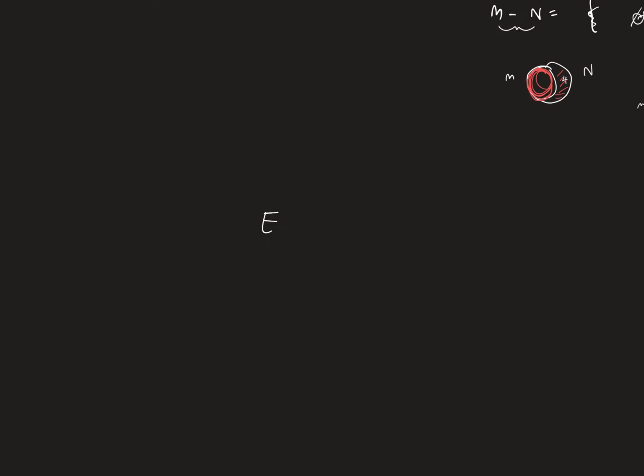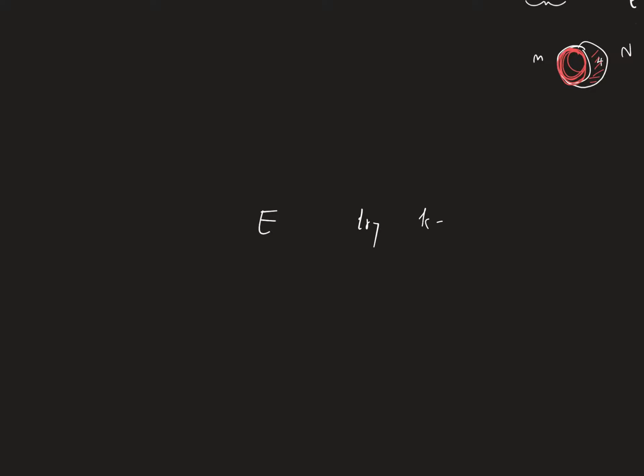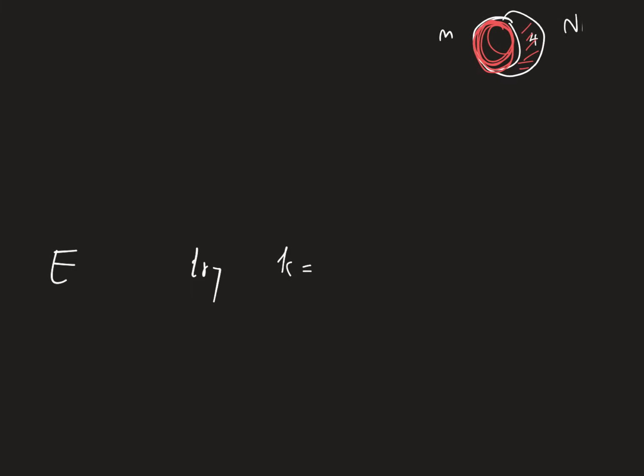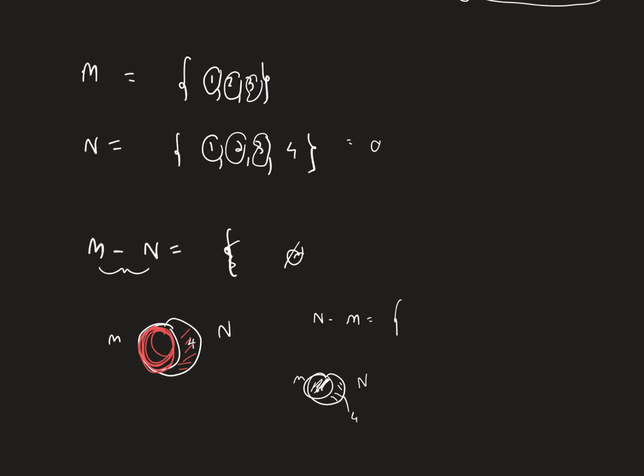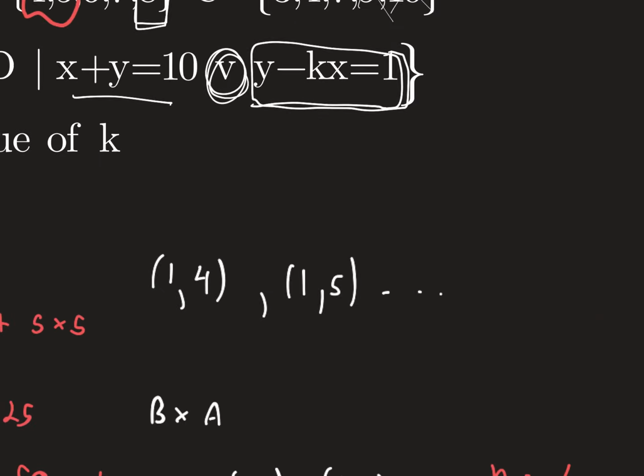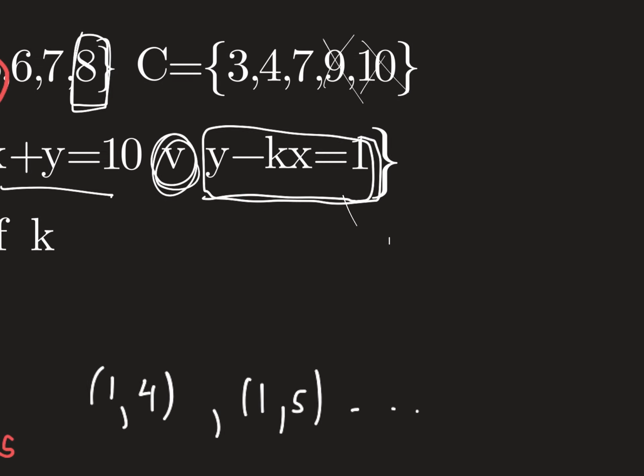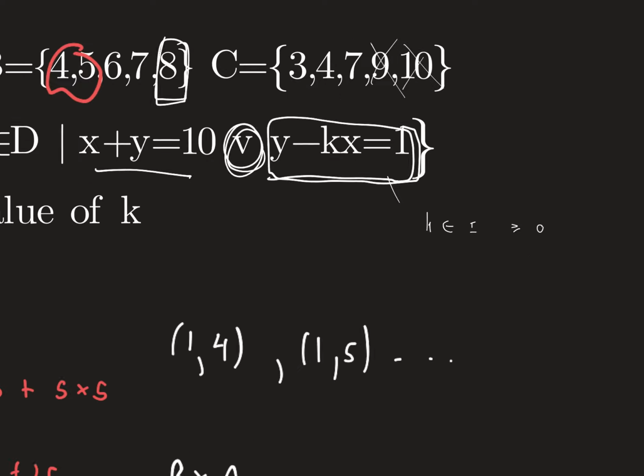What you need to do is try k. The first thing is, suppose k equals 0. I forgot to tell you that k is an integer which is greater than or equal to 0.